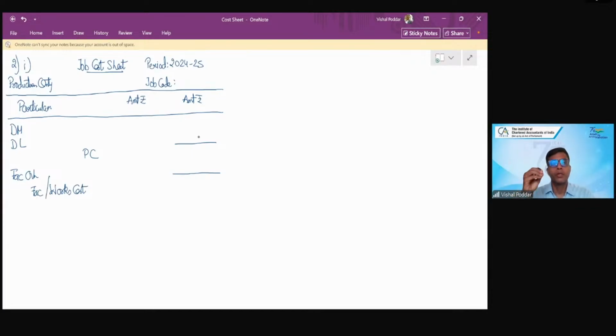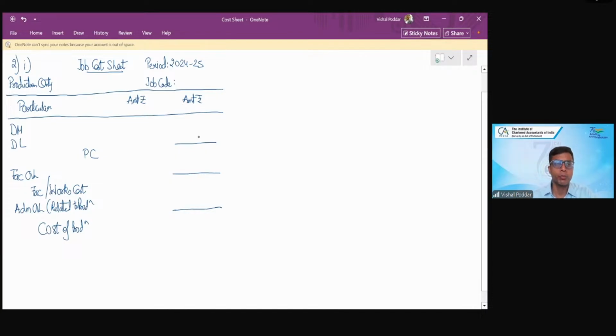Now, after this, we add administration overheads, but which administration? Which is related to production, if that is given. After adding those administration overheads related to production, what you get is your cost of production.